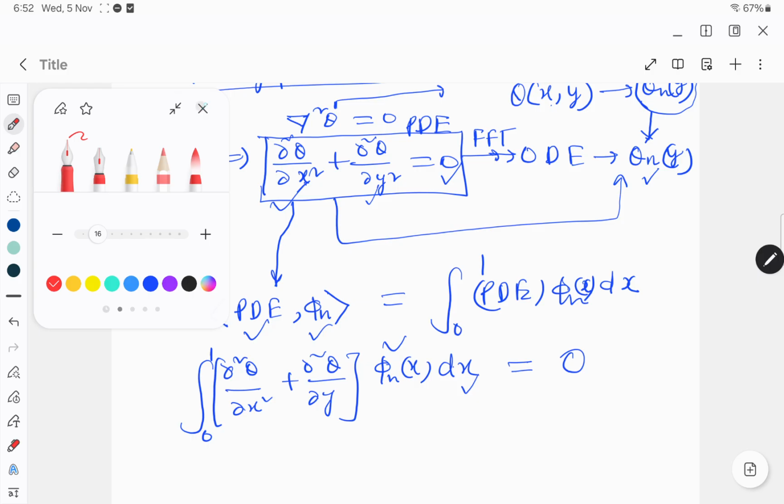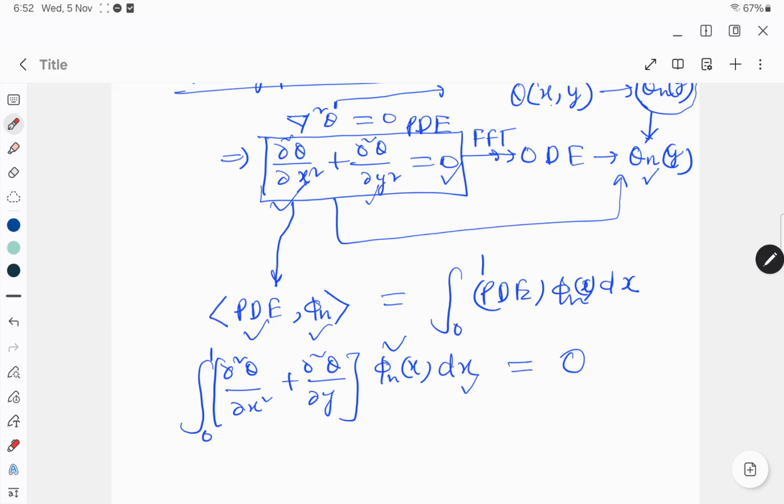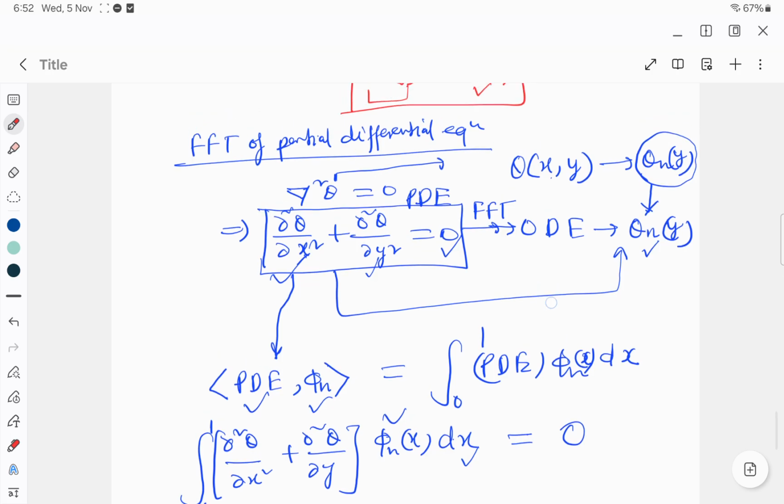Now I told you two things: the FFT of the dependent variable, and then this dependent variable theta of x y will be translated into theta n y, a single variable. Now we need to find the differential equation in this theta n y.